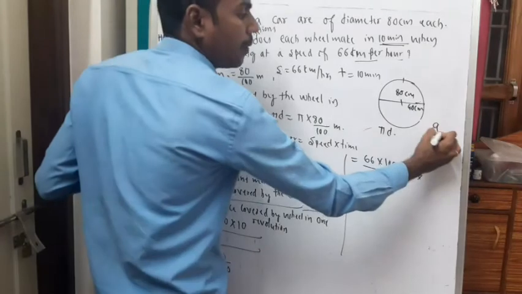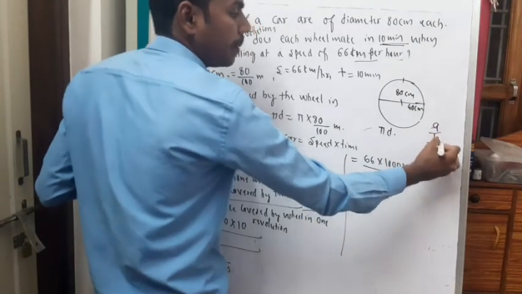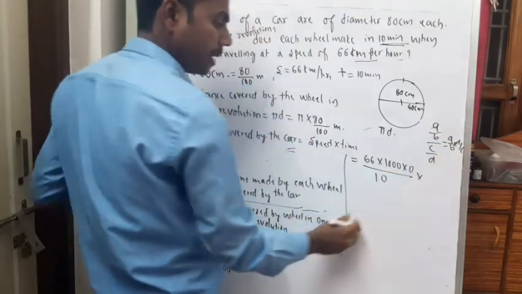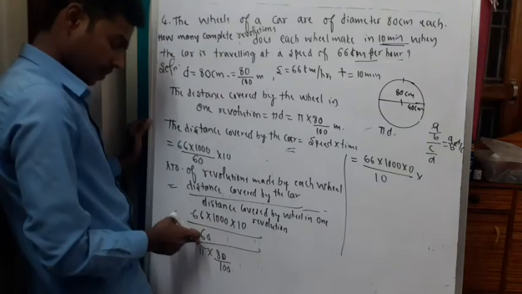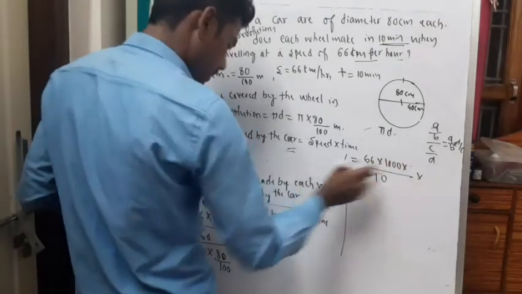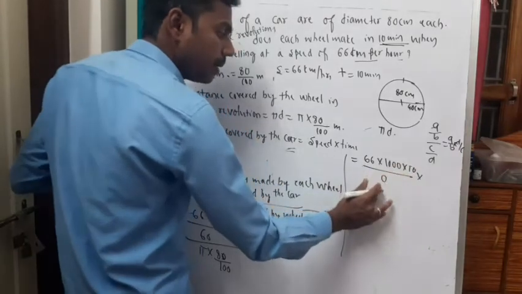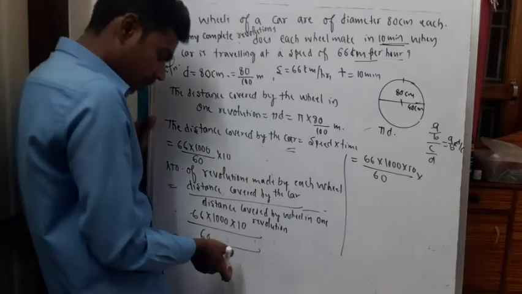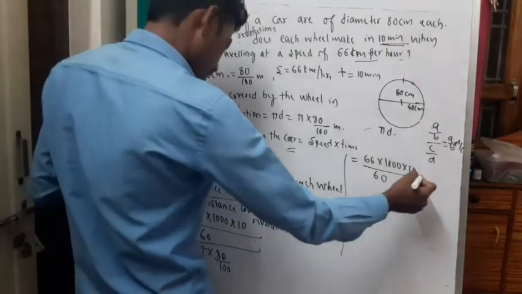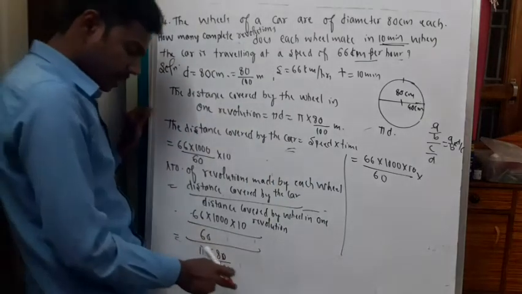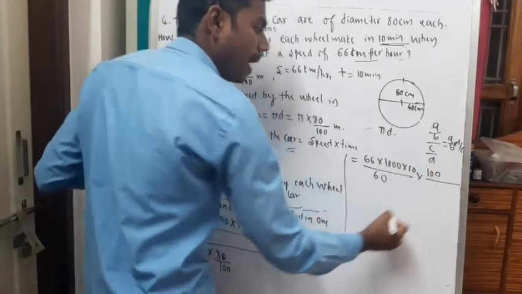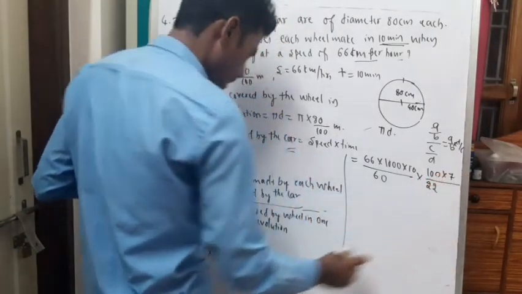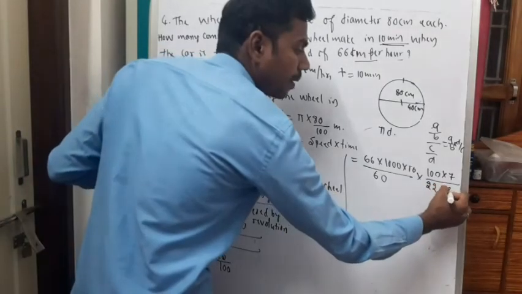See, this is like A divided by B divided by C divided by D. A by B divided by C by D is equal to A by B into D by C. So same thing I am going to do. 66 into 1000 into 10 divided by 60, and you need to reverse it, that is 100 divided by pi. Pi is nothing but 22 by 7. 7 will go to the numerator. This 8 will be here.